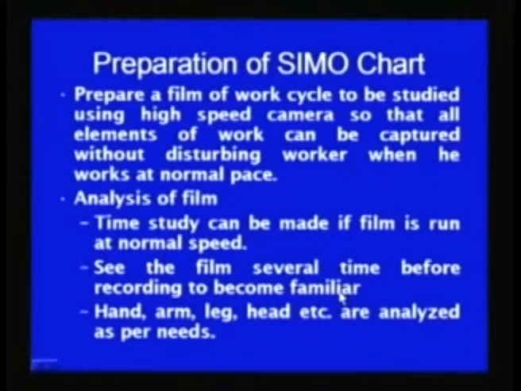So, before breaking down the short cycle operation into small groups of movements, the film is seen a number of times to become familiar with the exact movements being used for carrying out a particular job, and thereafter efforts are made to break up the short cycle operation into small groups of movements, and that is known as dividing the entire work cycle into therbligs.